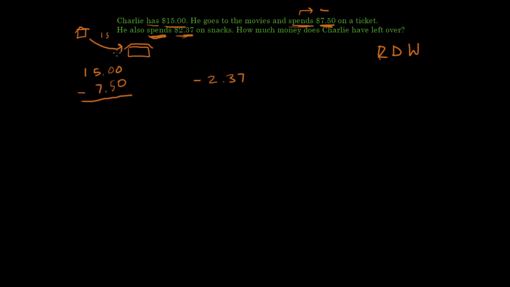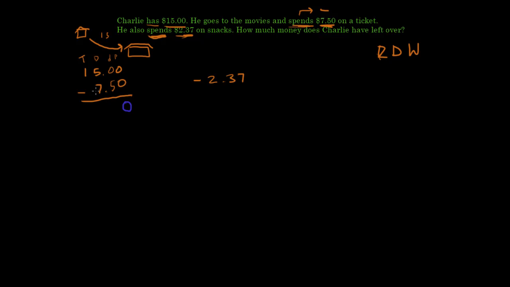So let's subtract. Let's think again about this as our pennies column, our dimes column, our dollars column, and our $10 column. We won't need to borrow for our pennies here. We can just go ahead and subtract that part.